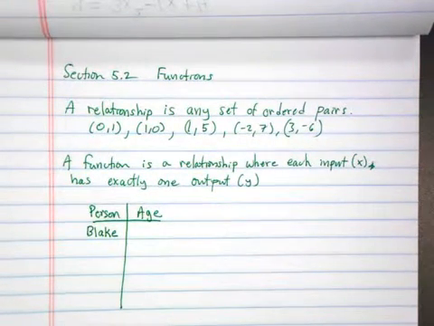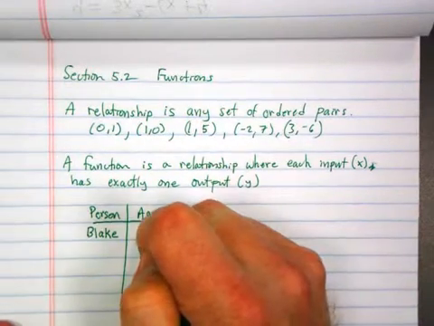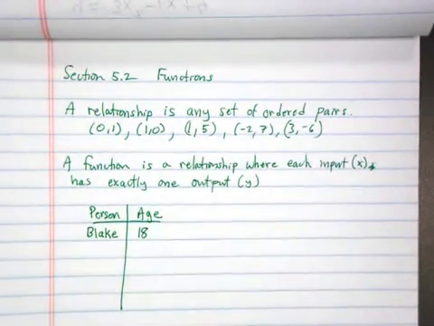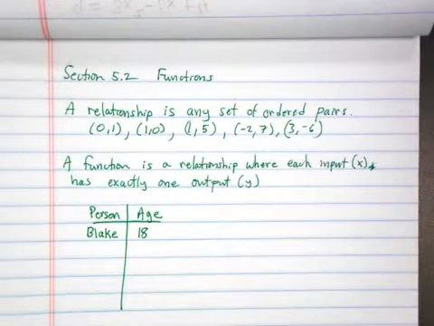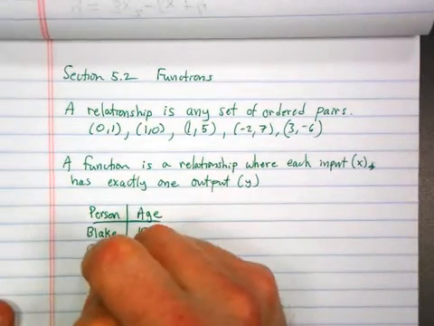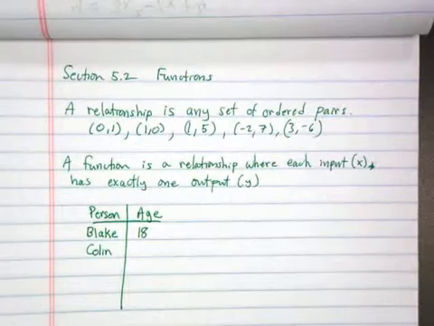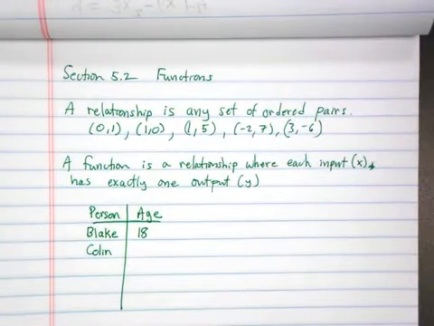If I were to ask Blake how old he is, how many answers is he going to give me? 1. He would tell me he's 18. If I were to put my other son, and I asked him how old he is, how many answers is he going to give me? 1.